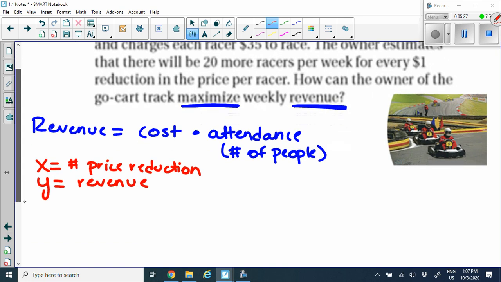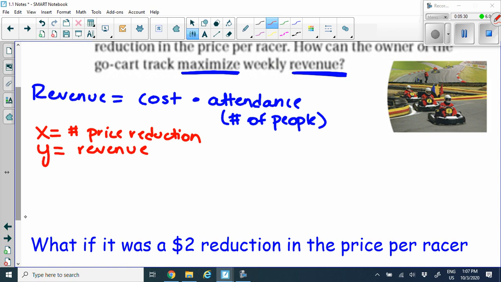So now, using all this information, let's go ahead and create our equation here. So we have Y equals, which is our revenue. So we are going to follow this: revenue equals cost times attendance. So revenue, Y equals... okay, cost.